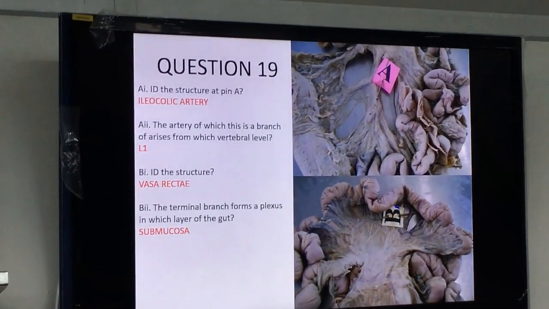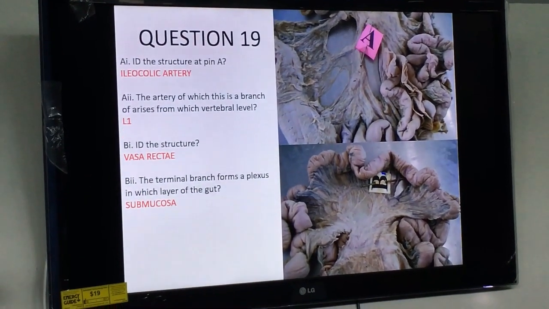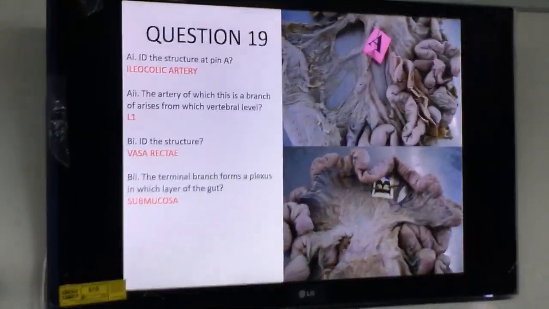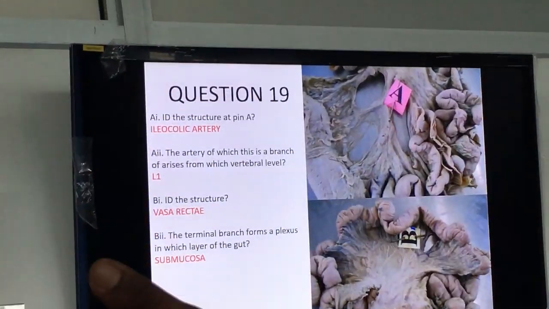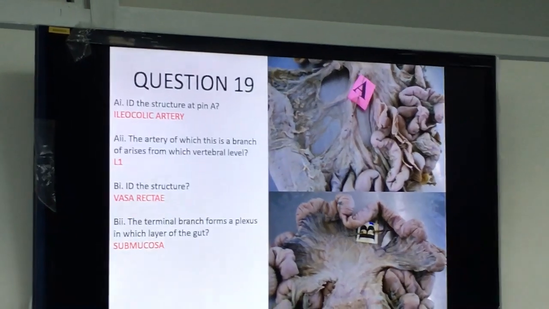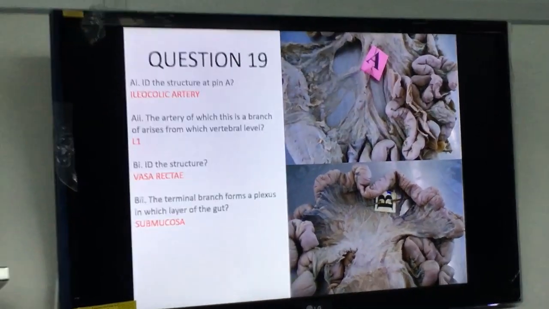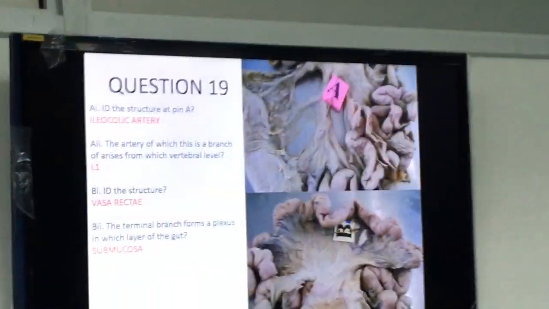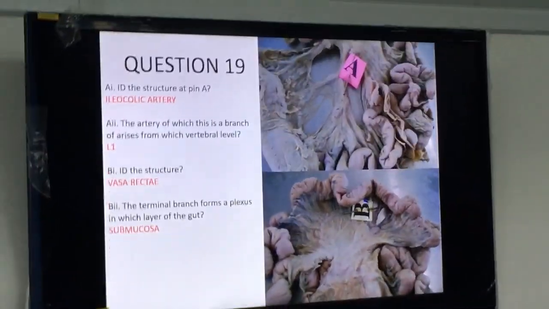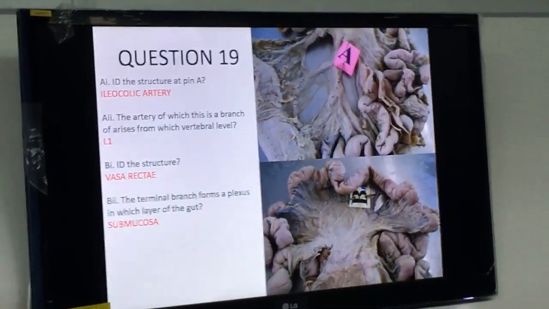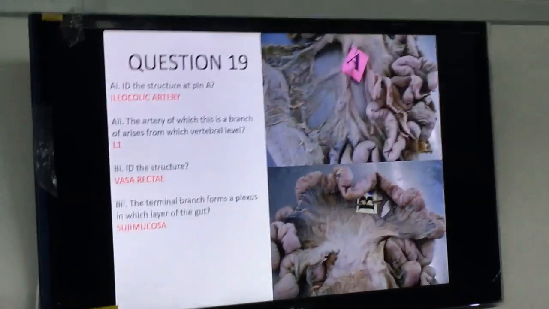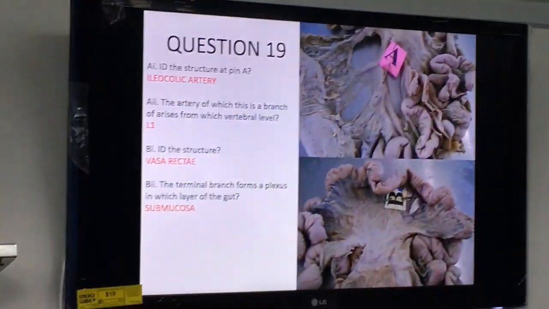19 now. A1 identified. Now if you look at A1, guys, what you can see on the left is the cecum and the ascending colon. And then A is heading straight to the cecum. So we know exactly what that is. That's the ileocolic. Look at the left side.